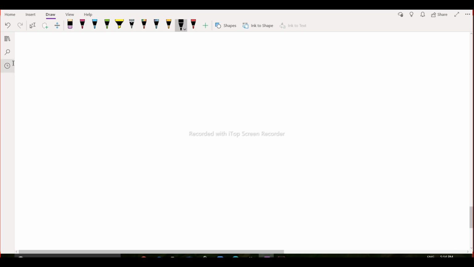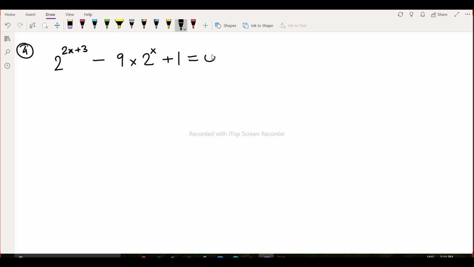Now in indices, you can also expect questions which are in the form of a quadratic equation. So let's say you have something like this: 2 raised to 2x plus 3 minus 9 into 2 raised to x plus 1 equal to 0. What you'll do is convert again, keeping the base as 2.